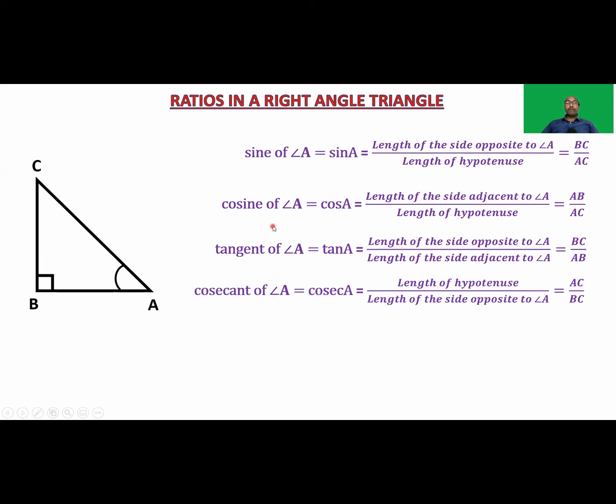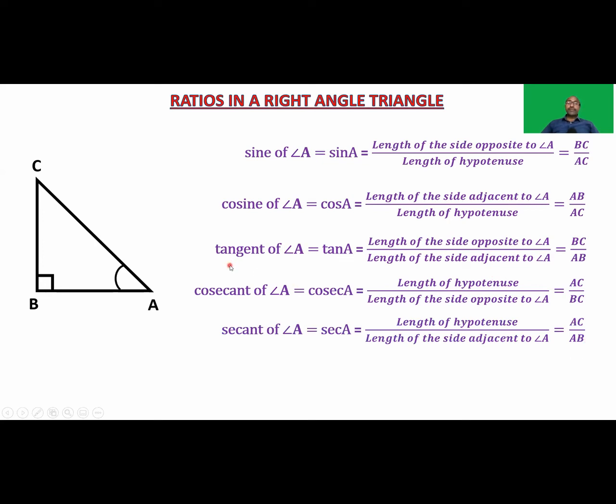Similarly, the multiplicative inverse of cosine of angle A, that is cos A, is denoted by secant of angle A, and it can be written as sec A. Sec A is the multiplicative inverse of cos A, so sec A is equal to the length of the hypotenuse by the length of the side adjacent to angle A, that is AC by AB.